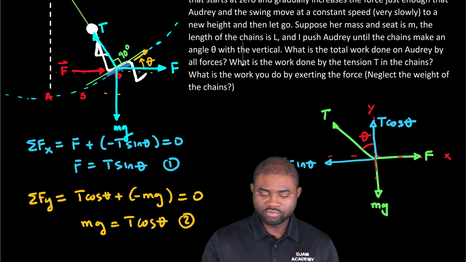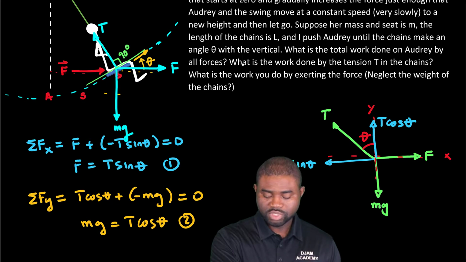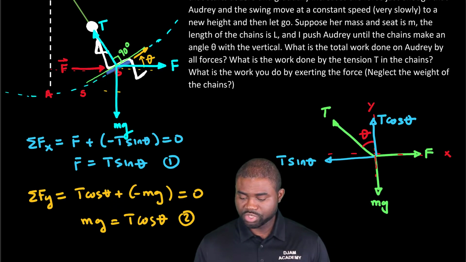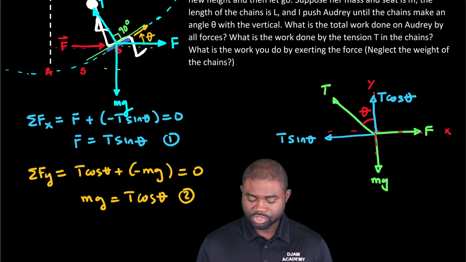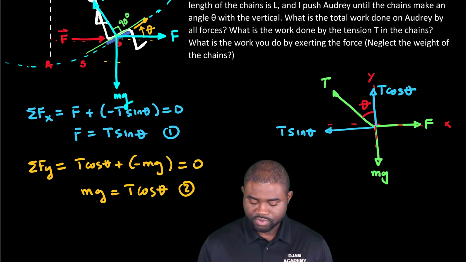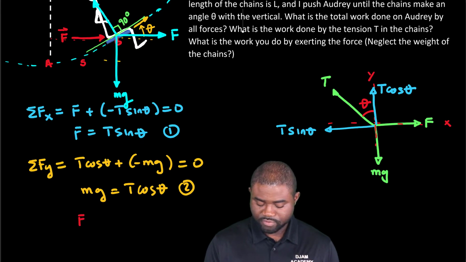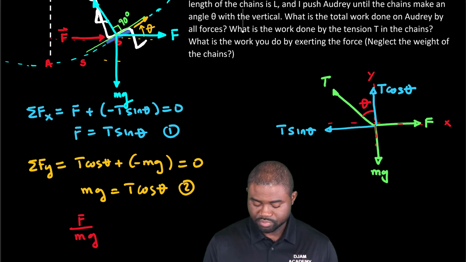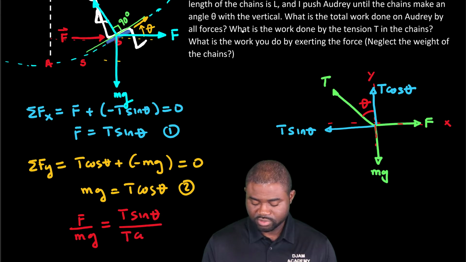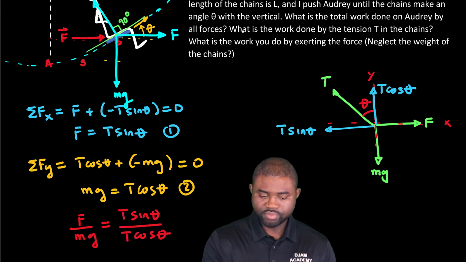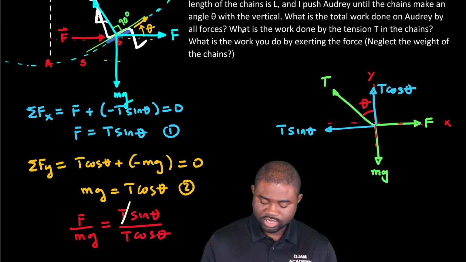Now the beauty of these two equations is that if we divide equation 1 by equation 2, we are going to have F divided by mg equal to T sine theta divided by T cosine theta. Now the T's can cancel.